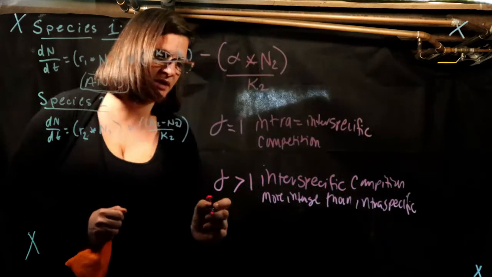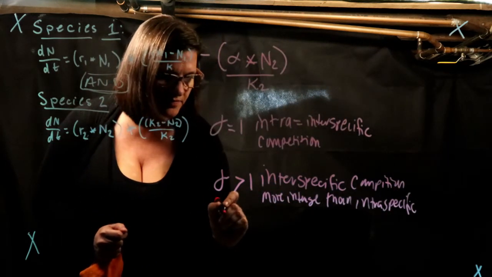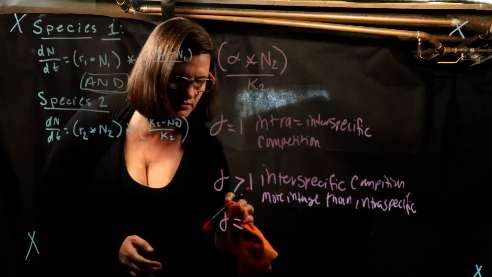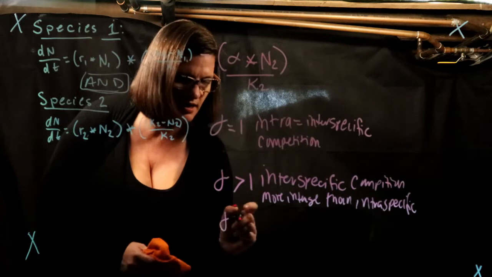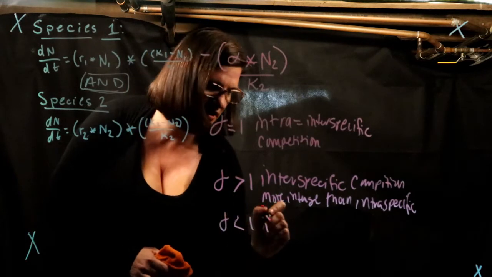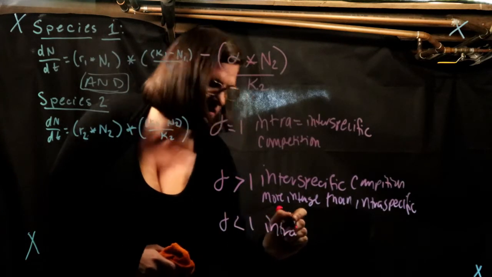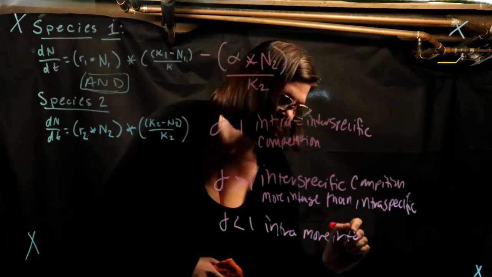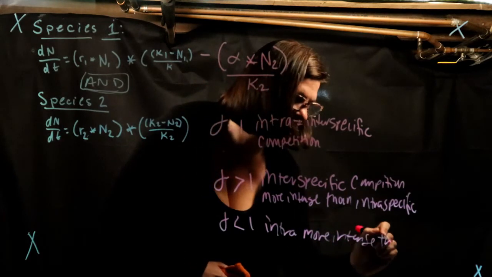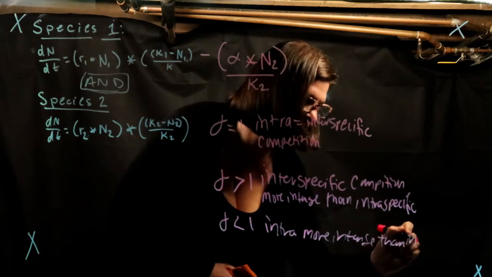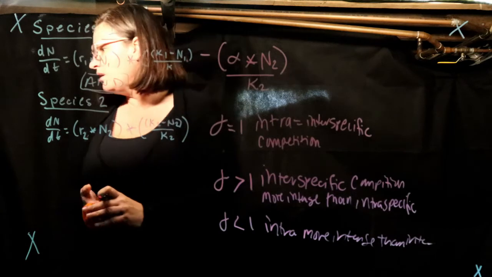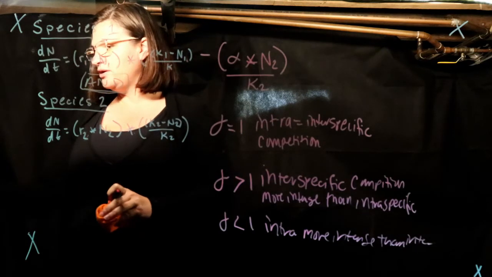And of course, that means if alpha is less than 1, intraspecific competition is more intense than interspecific competition.